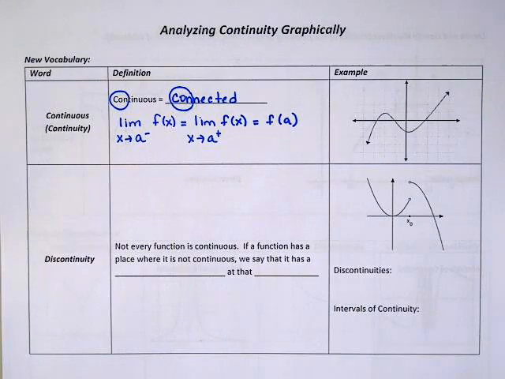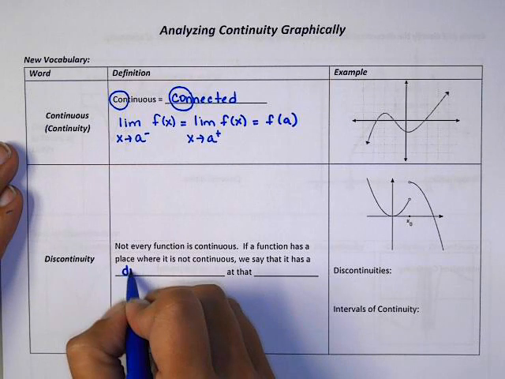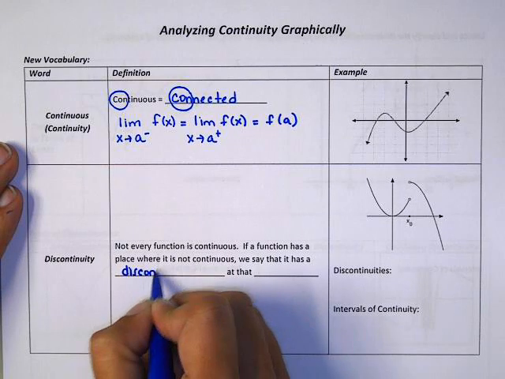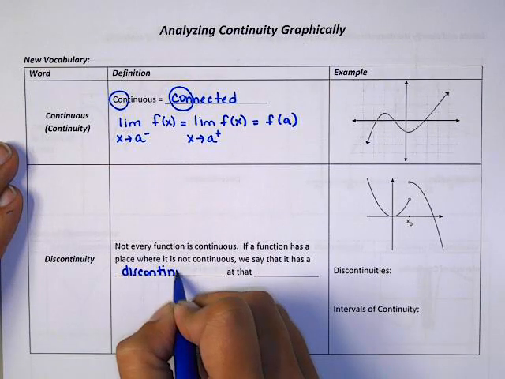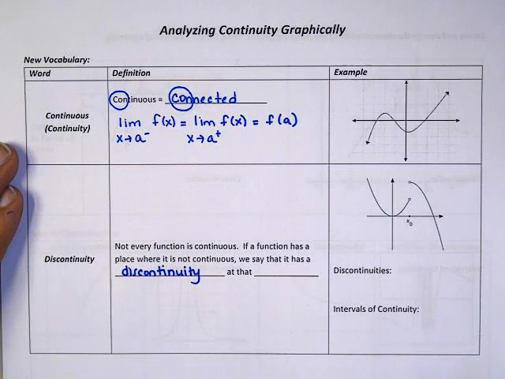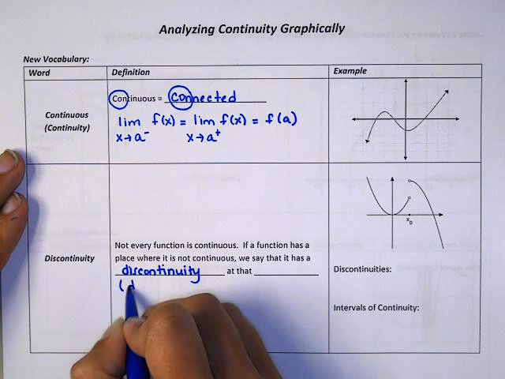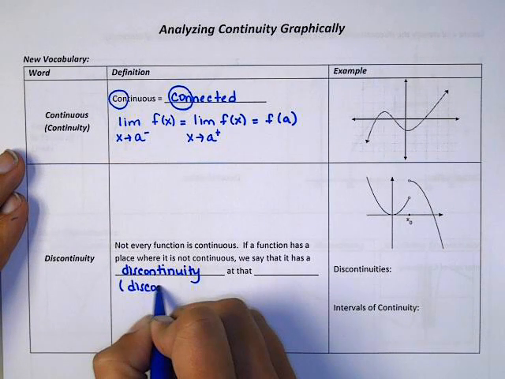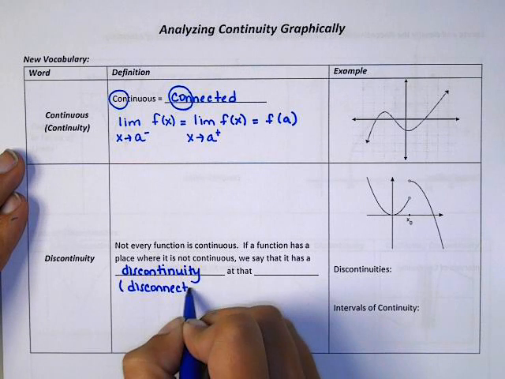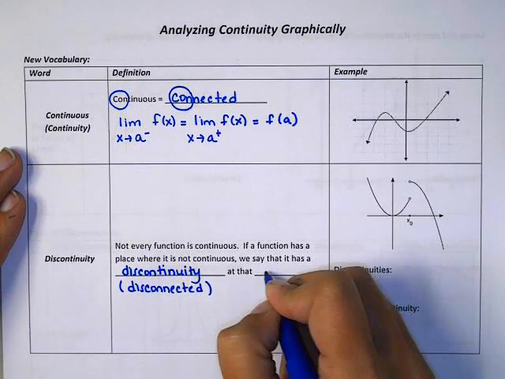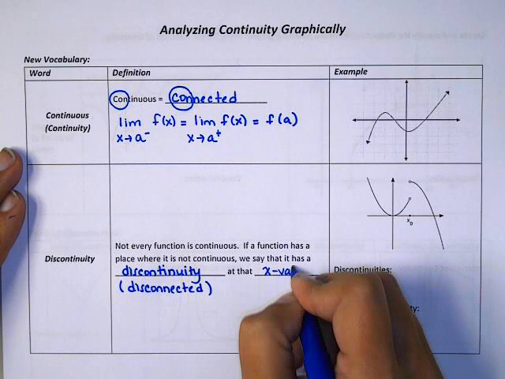Now, since not every function is continuous, we say that if a function has a place where it is not continuous, it has a discontinuity at that location. A discontinuity is just a place where the graph is disconnected at that x value.